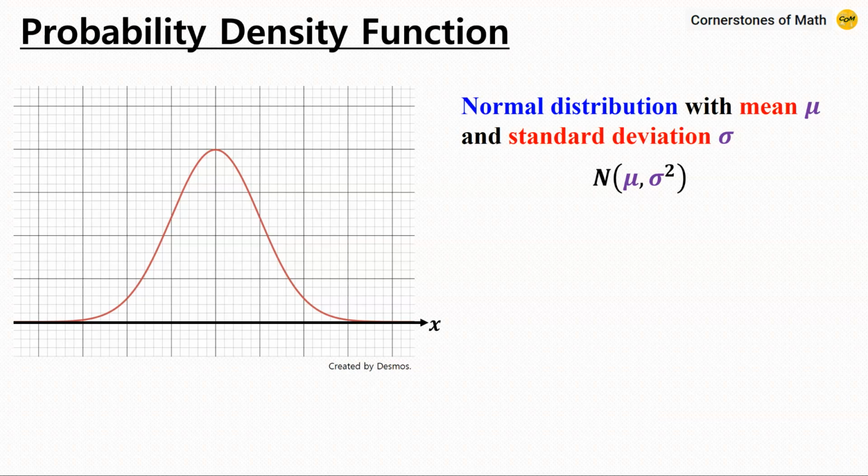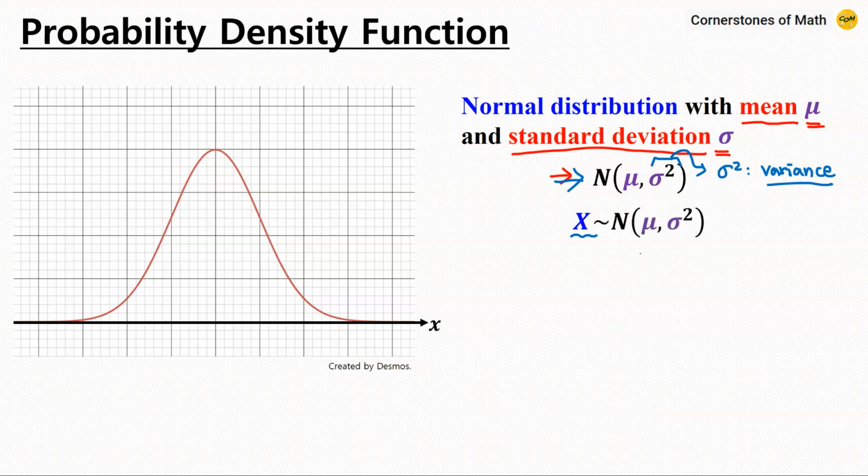Let us finally take a look at the exact expression of its probability density function, which is also the bell-shaped curve. A normal distribution with mean mu and standard deviation sigma is denoted as N(mu, sigma squared), where this sigma squared is called the variance. Also, the random variable x following this normal distribution is denoted like this.